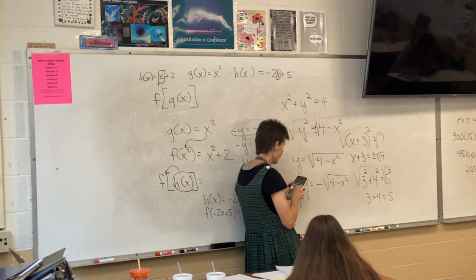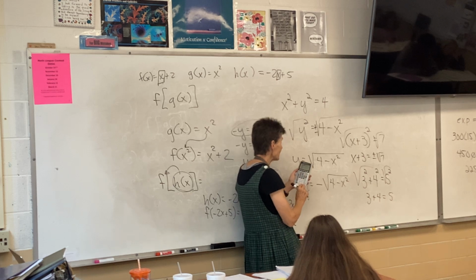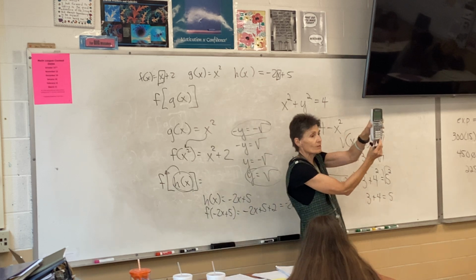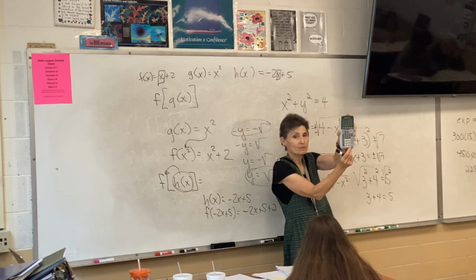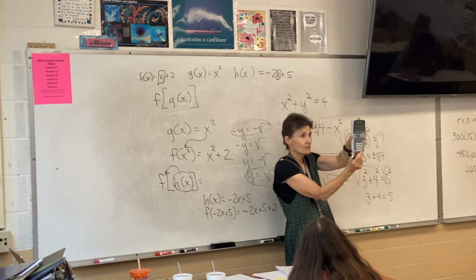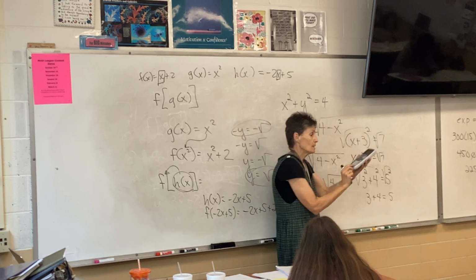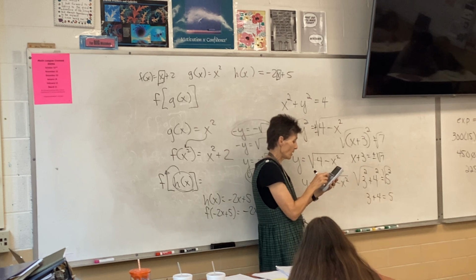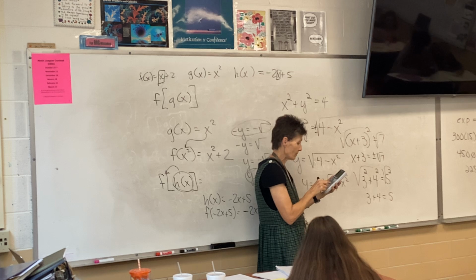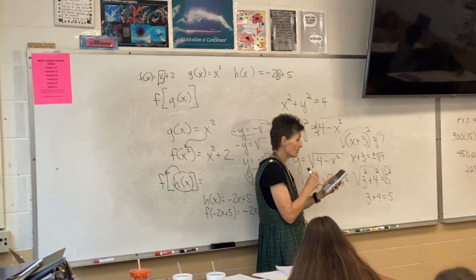That's one equation. And then negative, and remember we're using our negative button, not your subtraction. You're using your negative button. Negative square root 4 minus x squared. And then hit graph.